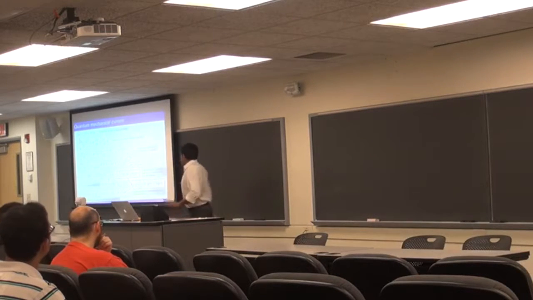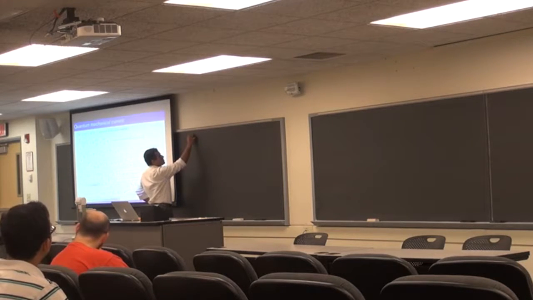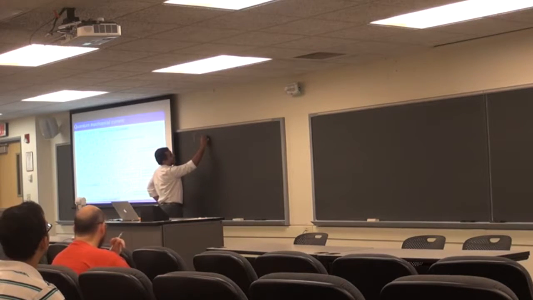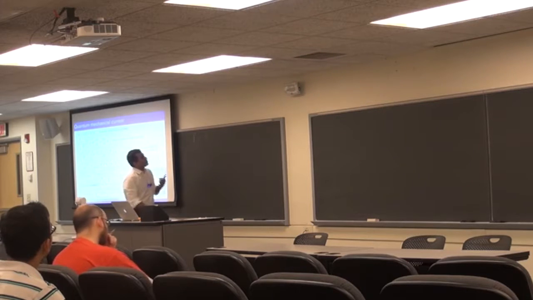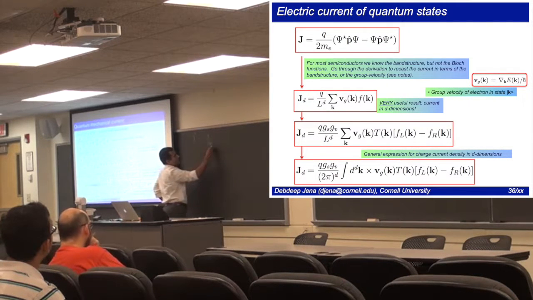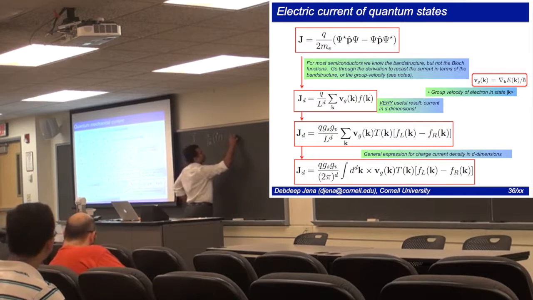So just to summarize, in the last class, if we specifically talk about charge current carried by electrons or protons or any quantum particles for which we know the wave function, we developed an expression that looked something like this: the charge divided by twice the mass of that particle, psi star momentum operator psi minus psi momentum operator psi star.